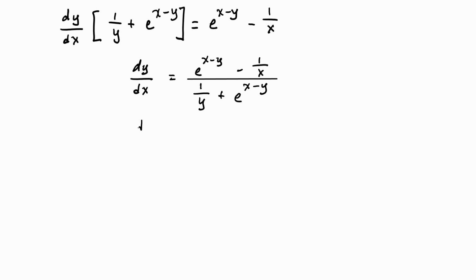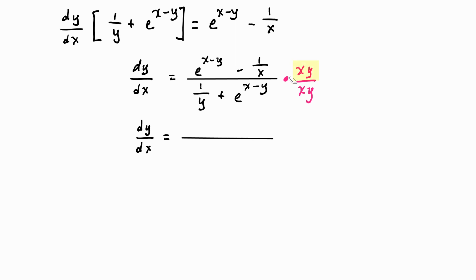Let's simplify. dy/dx is equal to, to clear out the complex fraction, we multiply by 1 in the form of the LCD over itself. So that's going to be xy over xy because of these extra denominators that we have.